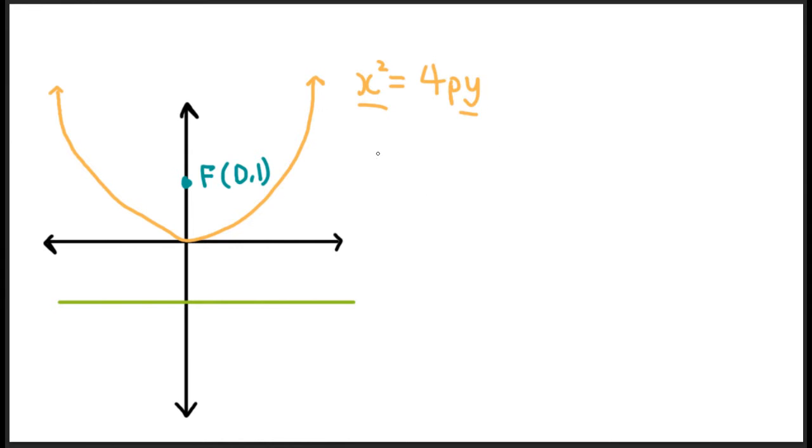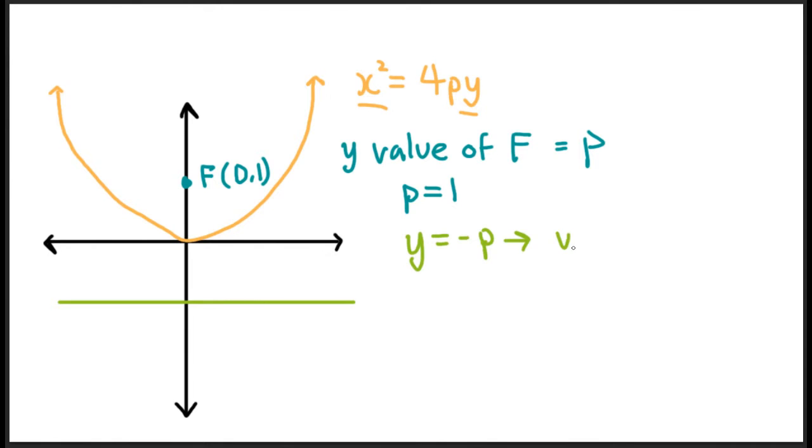And the same here, except the p is the y value of F. So we can know that p equals 1 once again. And the directrix, as you might have guessed, is y equals minus p, which is y equals minus 1. And there are arrows going on both sides. And this is basically what a vertical opening parabola looks like.